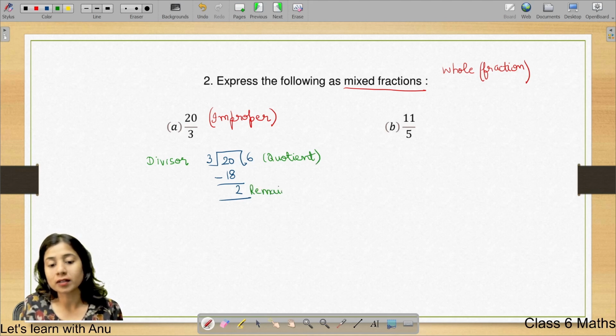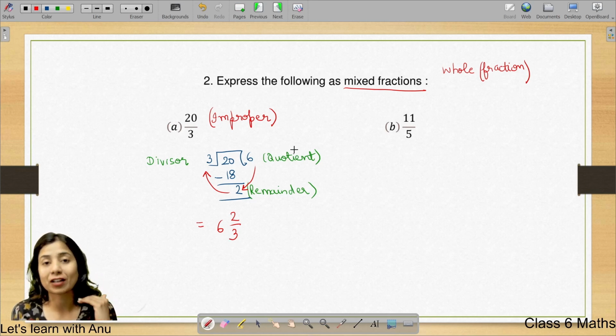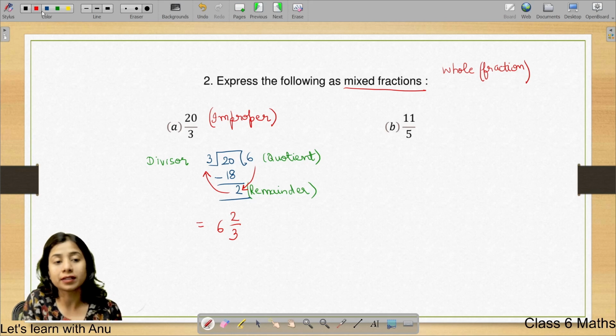So for writing it in the mixed fraction form, we are going to go clockwise like this. So the answer comes out to be 6 2 by 3. I hope everyone is clear about it. So we can also say that for writing an improper fraction as a mixed fraction, the formula is that after division we first write the quotient, then the remainder upon the divisor.